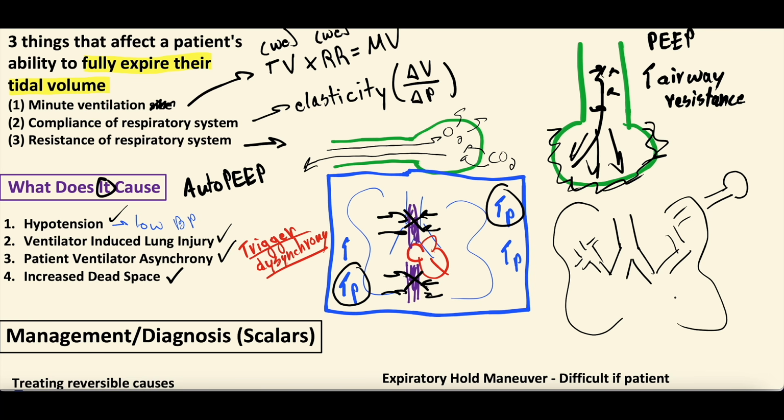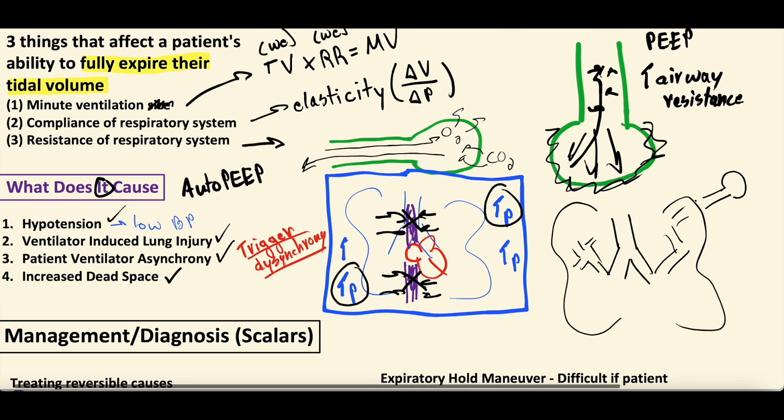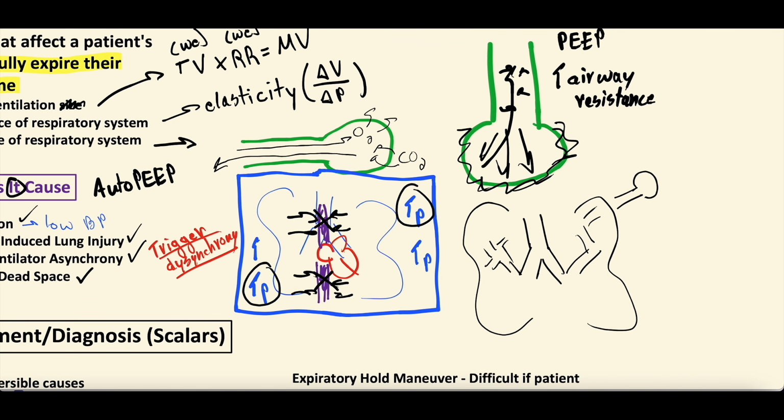So dead space is the amount of space in this whole system that is not exchanging gas, because gas exchange only occurs in the alveoli. So I'm going to erase this, and we'll say, if you were to magnify just right here, what you would see is all these small, tiny alveoli, right?